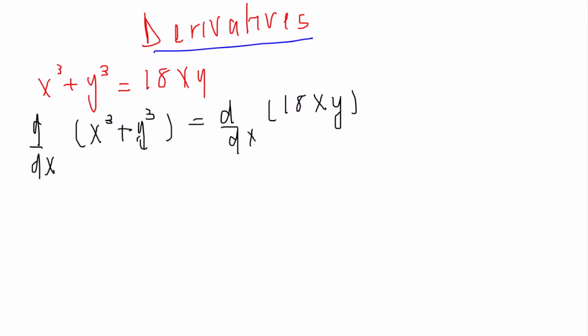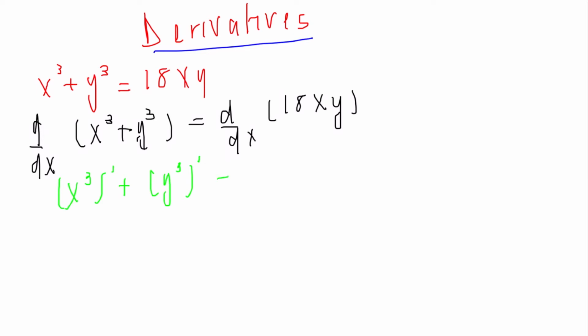Now we have to find the derivative, or actually basically the y prime. So we are going to do this implicitly. First of all, we differentiate x to the power 3, and then I also have to differentiate y cubed with respect to x.